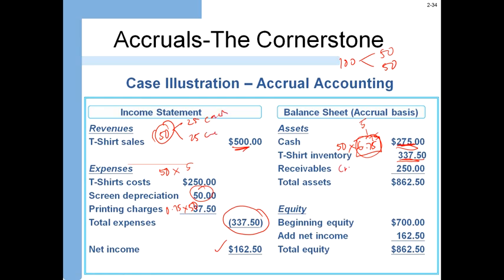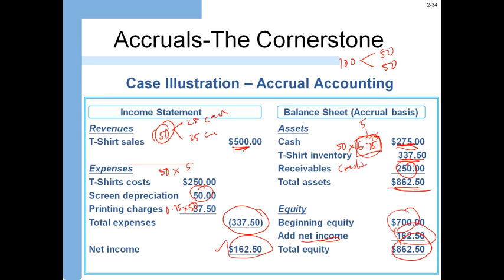Ni lah on credit tu. Ada lagi 250. So total asset you 862.50 cent. So equity, mula ada orang invest $700. Lepas tu add you punya net income, jadilah 862.50 cent.